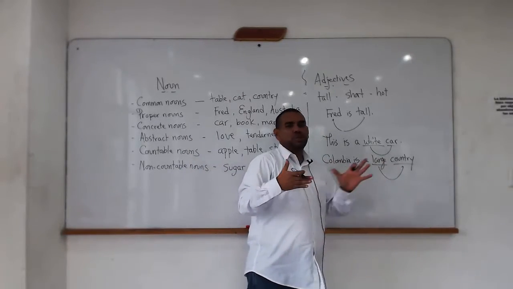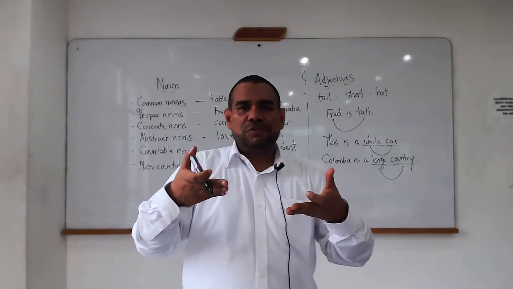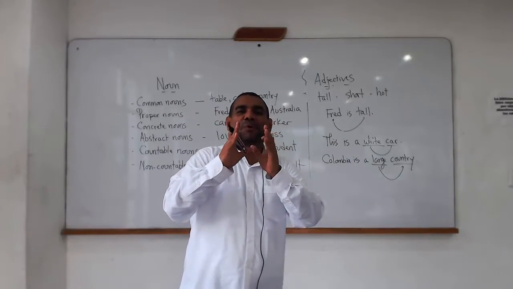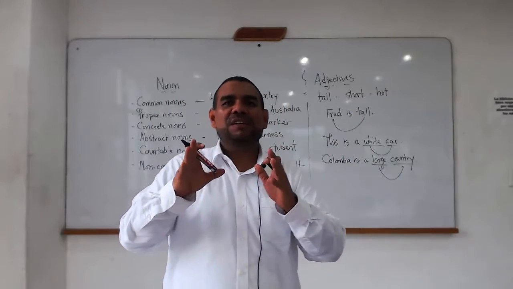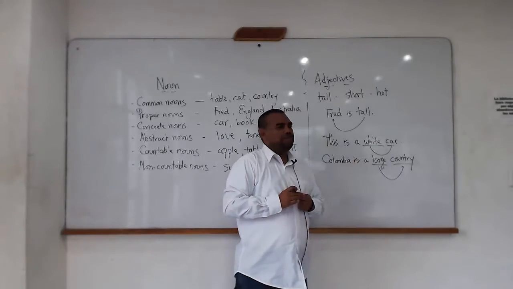Colombia is a large country and not Colombia is a country large. I'm addressing teachers, you already know that, but you need to remember it for your speech, both when speaking and writing, to be enhanced all the time. Colombia is a large country.